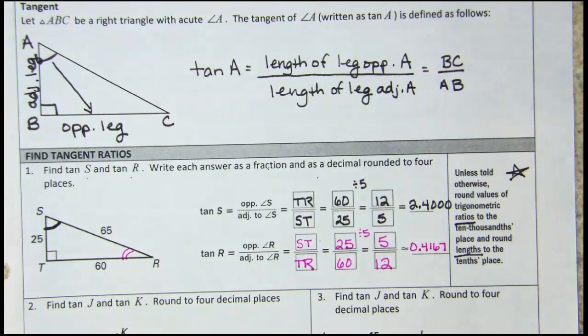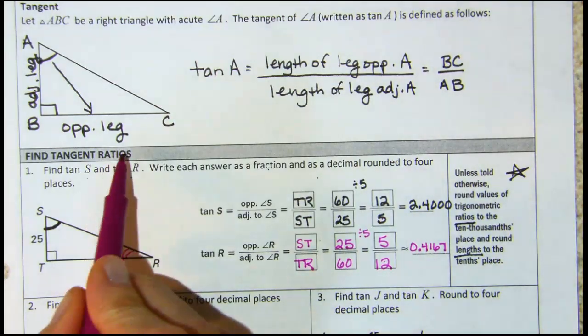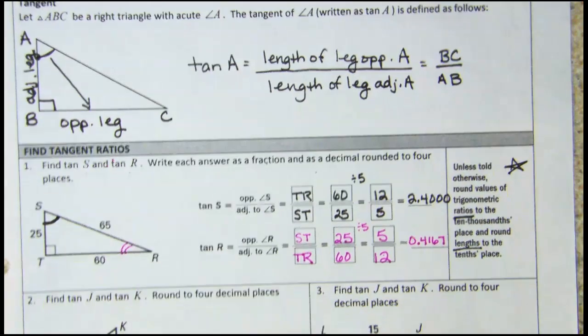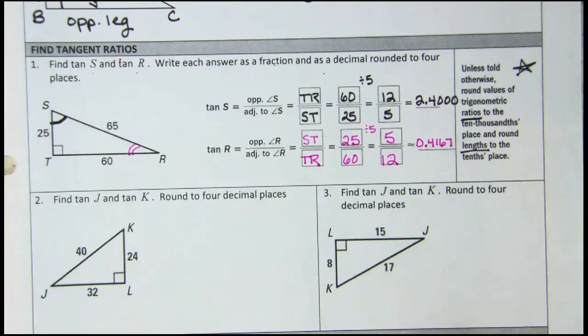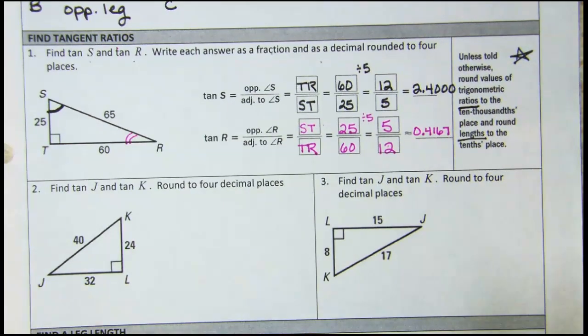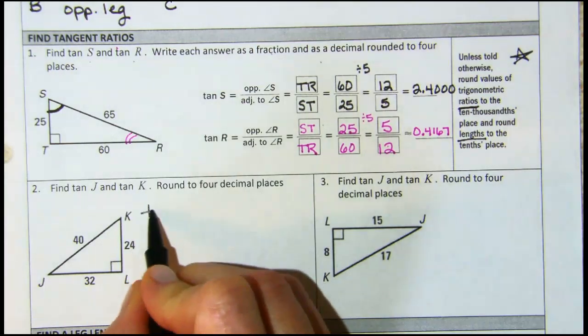Now, that is an example of how you would write the trig ratios. Notice that we are doing ratios here. So now, number 2, it says find tangent J and tangent K. Now, it does not say anything about a fraction. It just says round to 4 decimal places. So for this one, you would start out with tangent J.